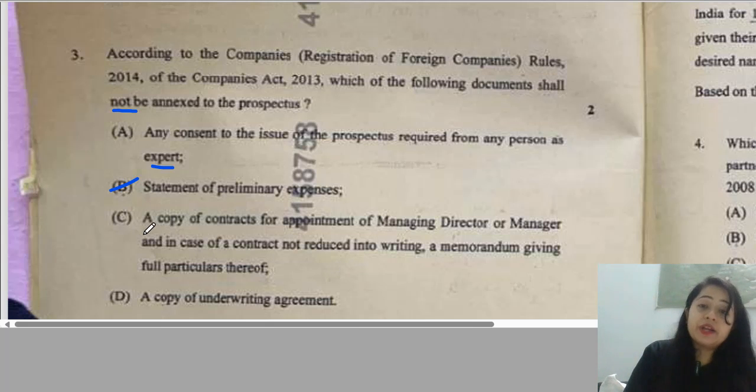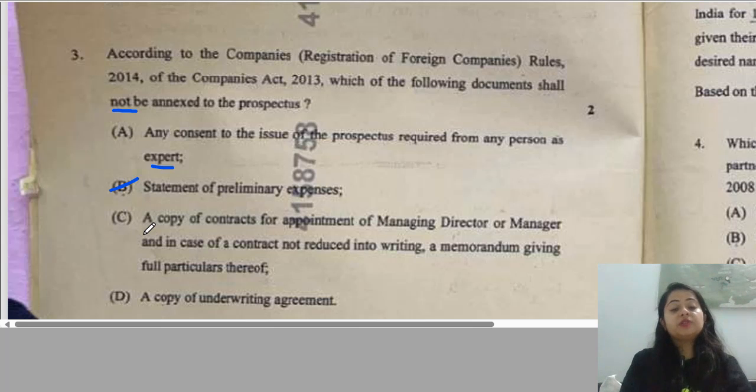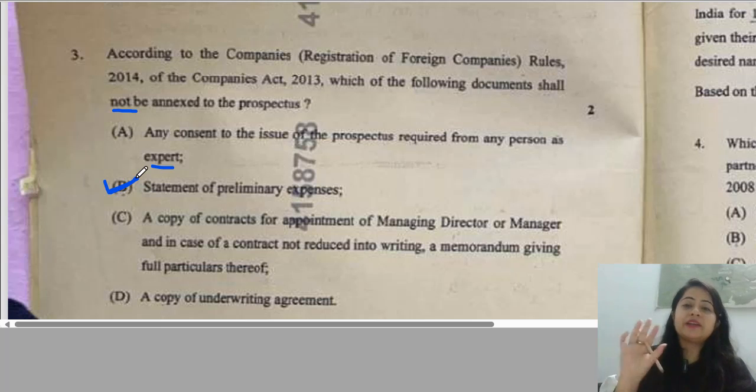This is again required to be attached with the prospectus. A copy of underwriting agreement, this is also to be attached. Okay, so point number B is our correct answer. Preliminary expenses need not be attached, otherwise expert consent, managing director or manager's appointment contract, underwriting agreements, they have to be attached. Where is it written? It is written in your registration of foreign companies rules.